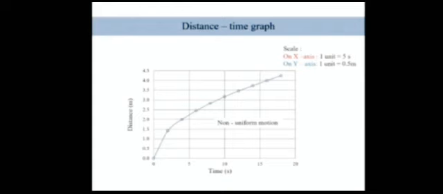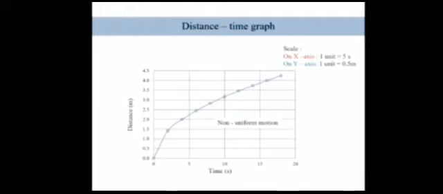Non-uniform motion means the vehicle is moving with different speeds, not the same speed throughout from the starting till the ending point. Okay, so that was step number 2.